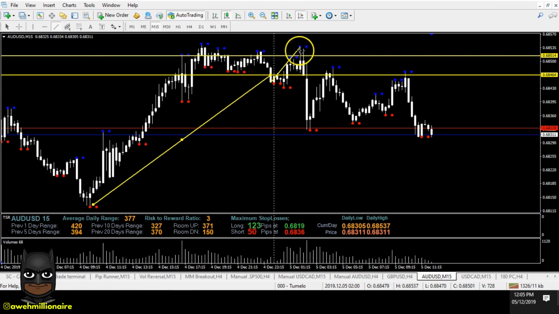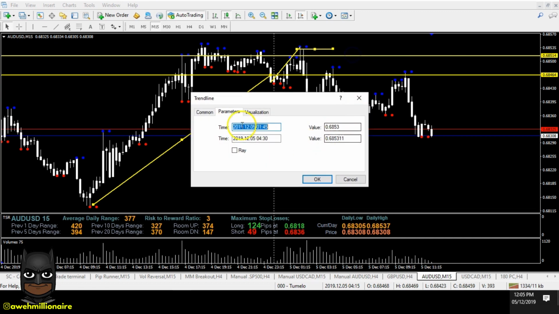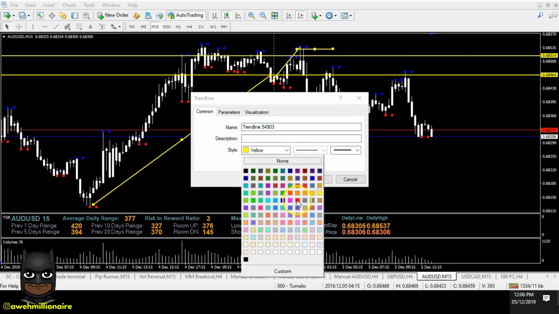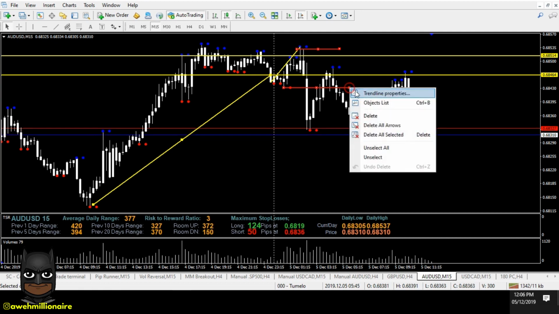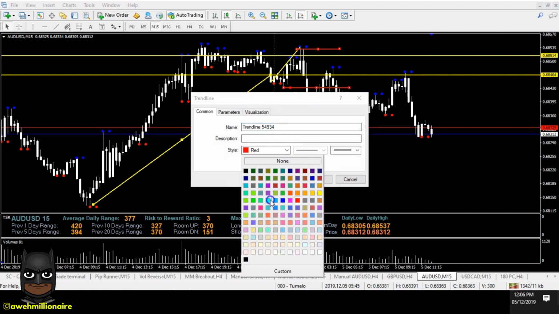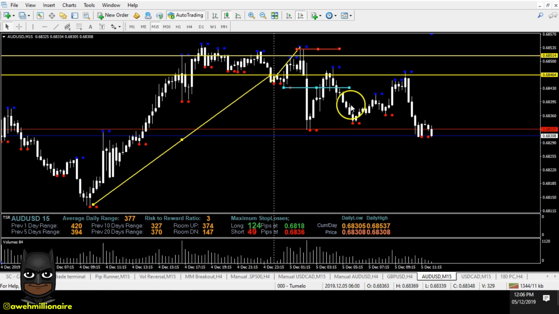This most recent fractal high is where you would put your stop loss, and the most recent fractal low is where you would have put your entry for the sell on this specific trade.